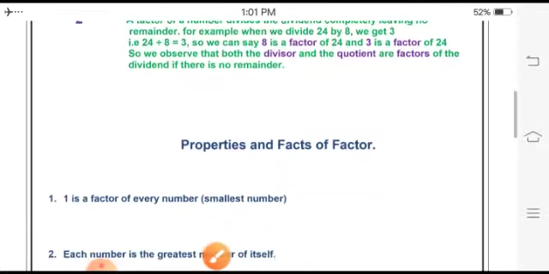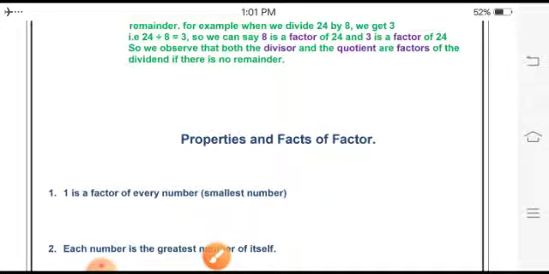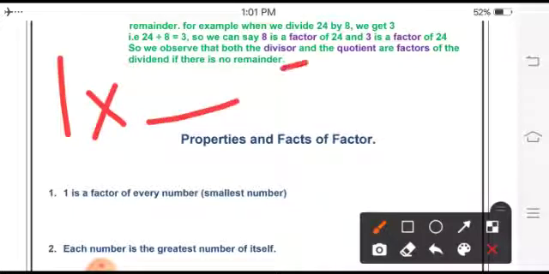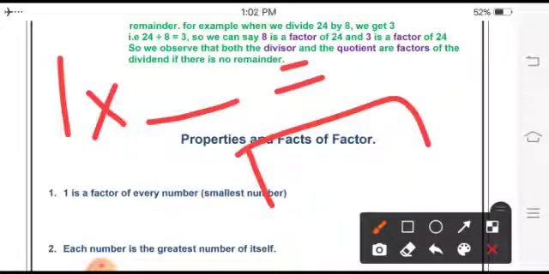And we have certain facts and properties related to factors, as we had for multiples. Everybody knows that 1 is a factor of every number, because every number is divided by 1 exactly, because every number exists in the table of 1.